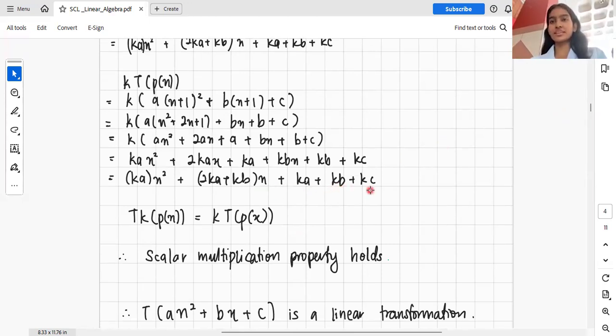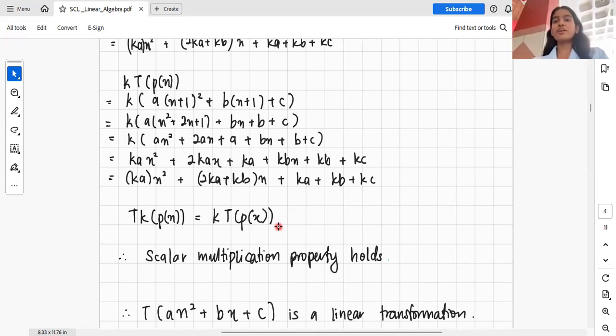If you go further, expand and simplify, you'll get kax squared plus 2kax plus kbx plus ka plus kb plus kc. Now for the right-hand side of the equation, which is k multiplied with the transformation of P(x), k is outside, so a(x plus 1) squared plus b(x plus 1) plus c, and then you expand and simplify the inside, we will get kax squared plus 2kax plus ka plus kbx plus kb plus kc.